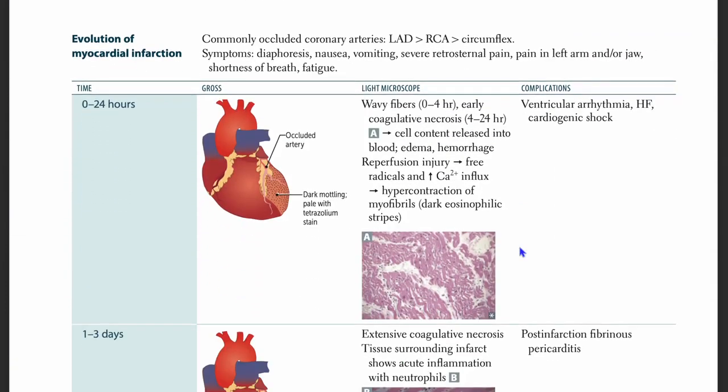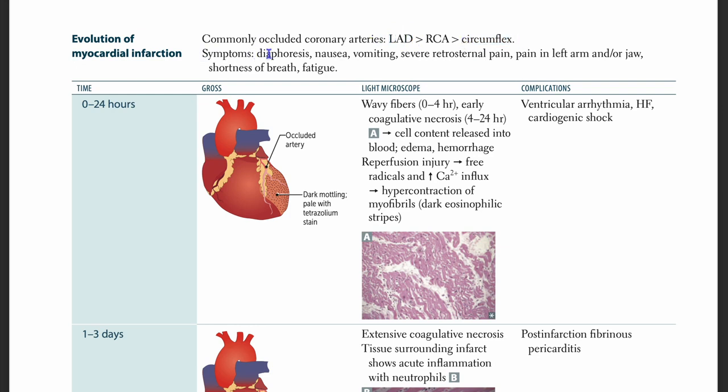So in myocardial infarction, what happens after the thrombus occludes the supply, right? Commonly occluded coronary arteries are the left anterior descending artery, the right coronary artery, and then at the end you have the circumflex artery, a branch of the left coronary artery, not the anterior descending, but right.